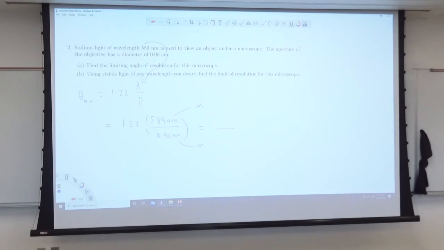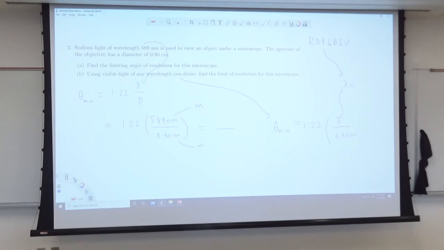angle. This one is exactly same kind of question, but this is for the visible light. Okay, so you have 7 different colors for visible light. You have R, O, Y, G, B, I, V. You can choose any of these colors, okay, and then use the lambda for that.